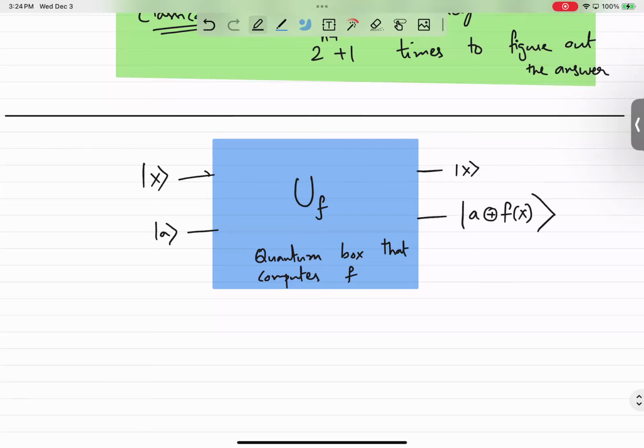In the same way, I'm giving you access to a box, which is a quantum implementation of F. Give me X and some ancilla A, the X goes straight through, and the output of F is stored on the last register. Okay. Any questions about this? It's the quantum analog of NAND, but the same thing done for this potentially more complicated function F.